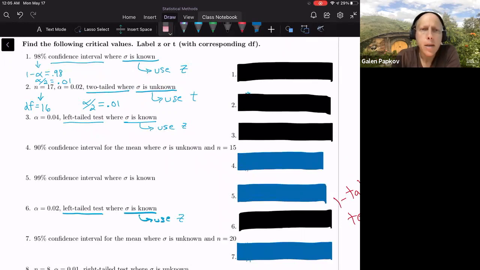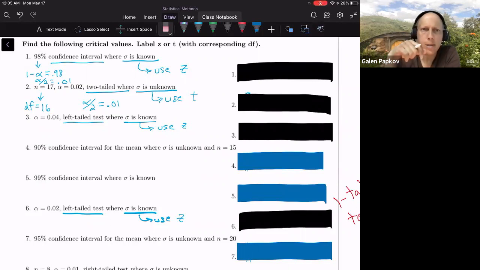And so what I'm looking at here is, okay, we're doing a confidence interval, so that's equivalent to a two-tailed test. Sigma is known, which tells me we want to use Z. And so in this case, we're going to put 98% or 0.98 in the middle. That means 2% is not in the center, or half that, 1%, 0.01, is in each tail.